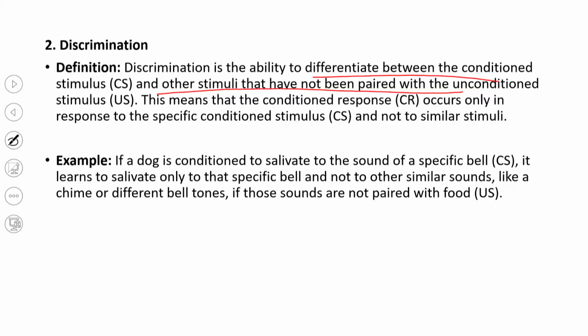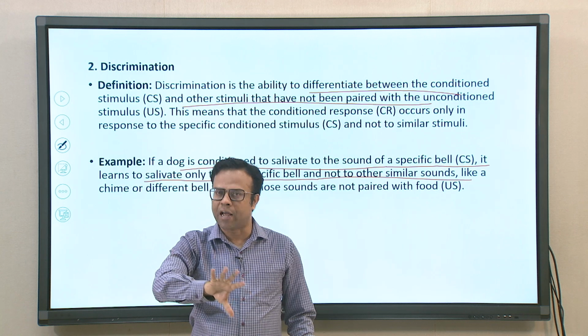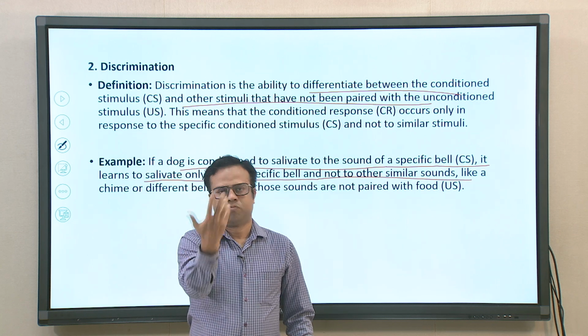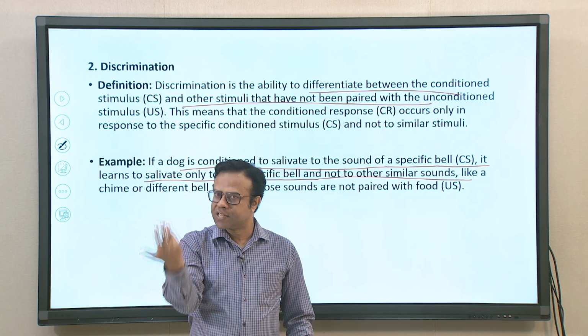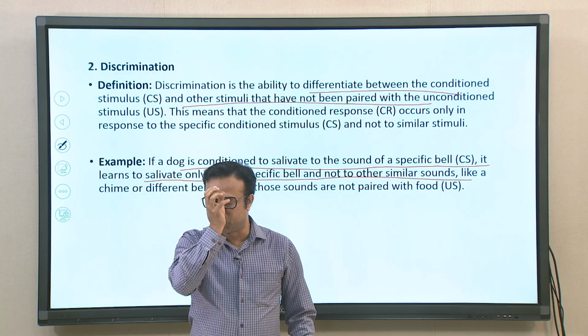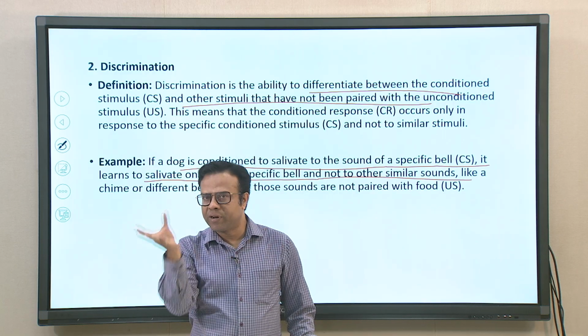For example, if a dog is conditioned to salivate to the sound of a specific bell, it learns to salivate only to that specific bell and not to other similar sounds, then it will be called discrimination. Okay. So, sometimes generalization can happen, sometimes discrimination can happen, depending on the animal, its tendencies, the situations and so on. So, both phenomena can happen.